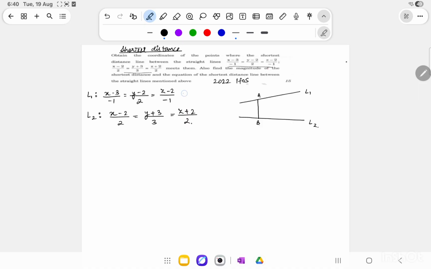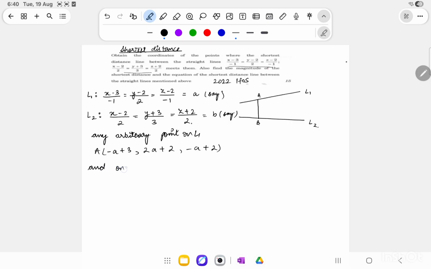So they have given me equations of lines L1 and L2. So let L1 be equal to a some constant a, and L2 be equal to some constant b. So I can find any arbitrary point on lines L1 and L2. Any arbitrary point on L1 will be A, so my A will be of the form minus a plus 3, 2a plus 2 and minus a plus 2.